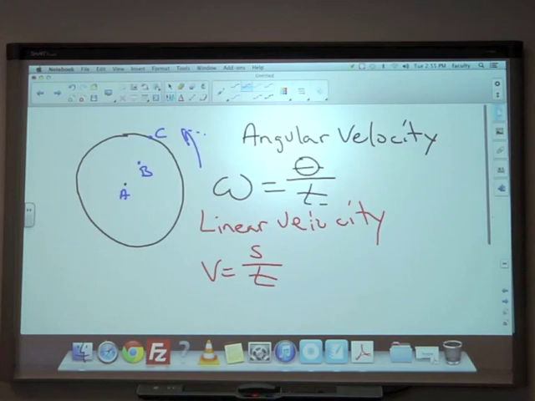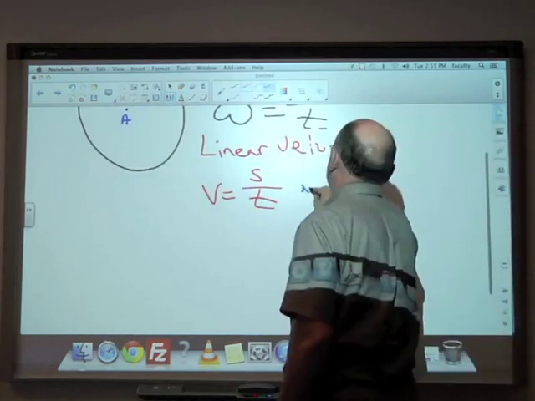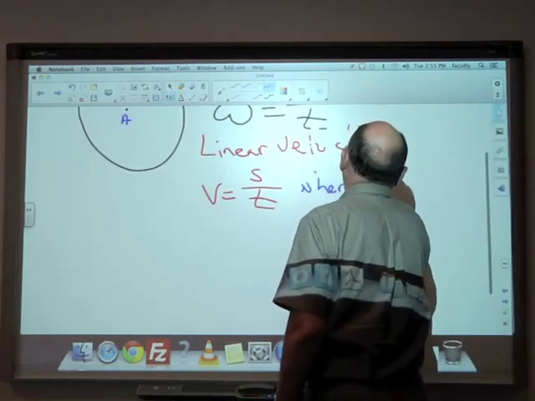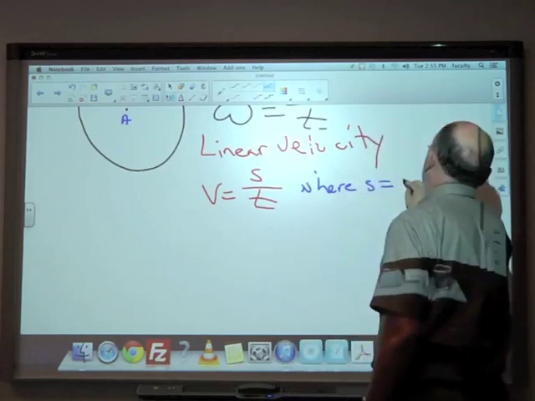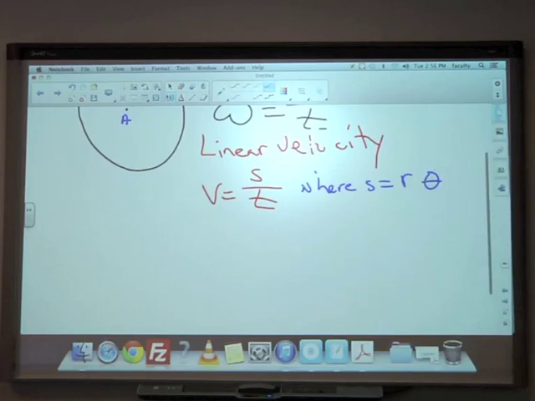Velocity is distance over time, and our s is a distance, where s was equal to r times theta. Again, we had that earlier.